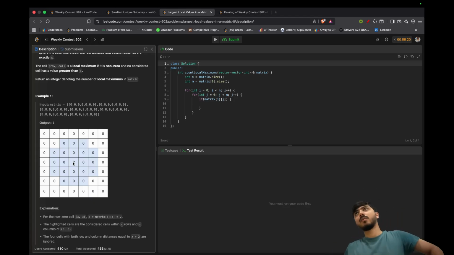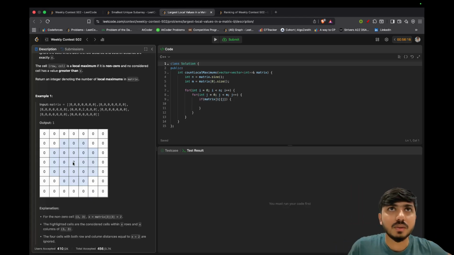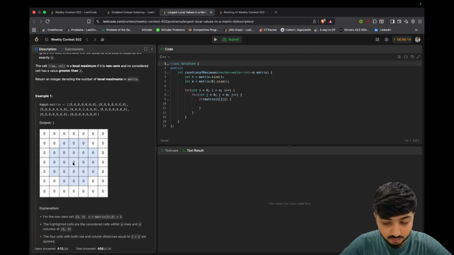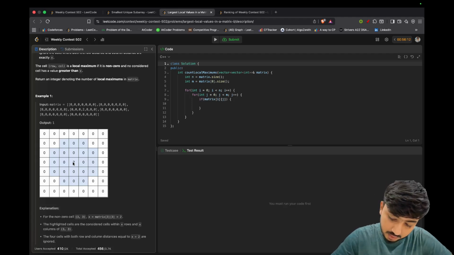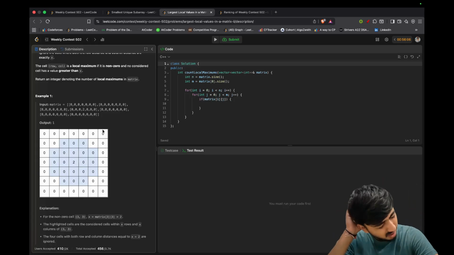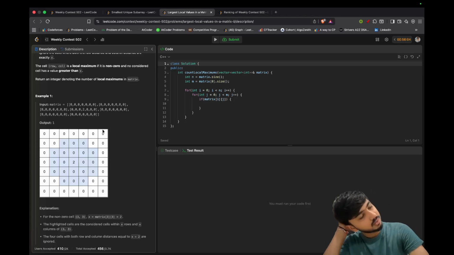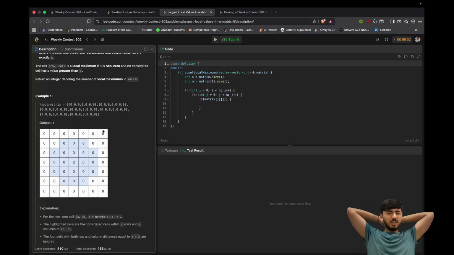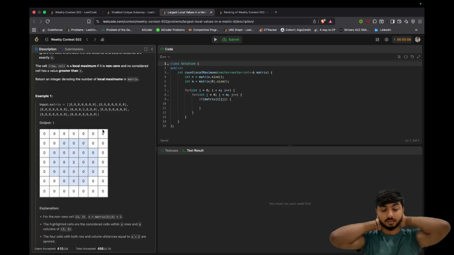Yes, this is what we can do. Somehow we need to store, for each point, the nearest greater element. But how can we do that? That's the big question here. How?